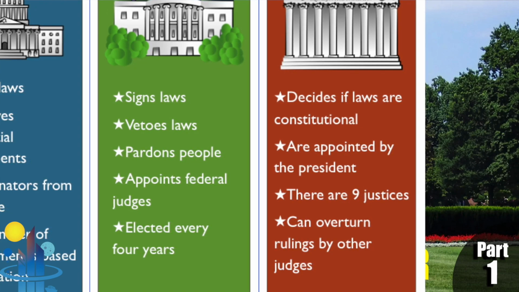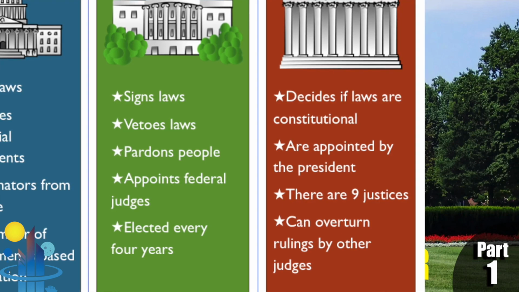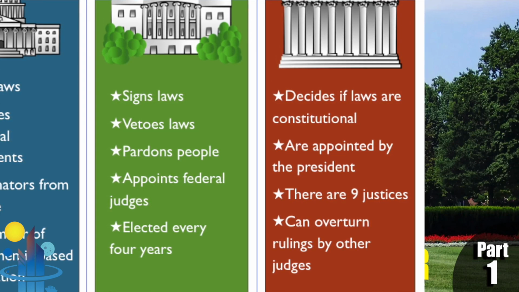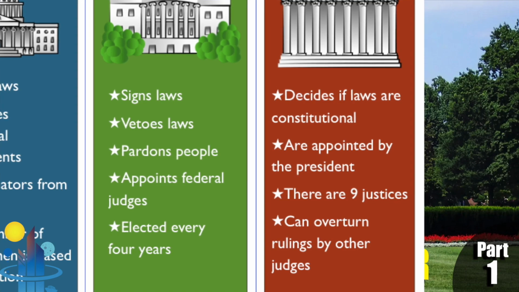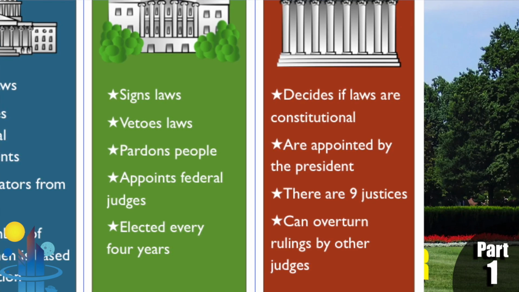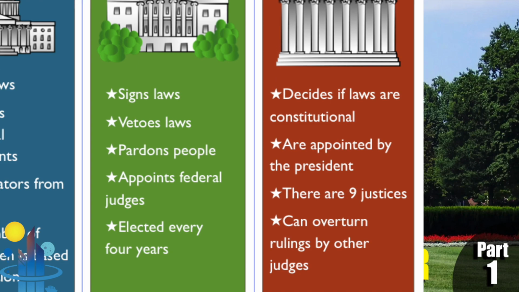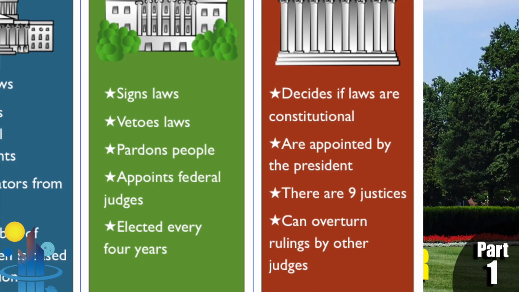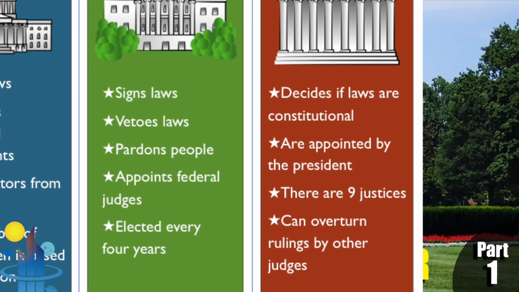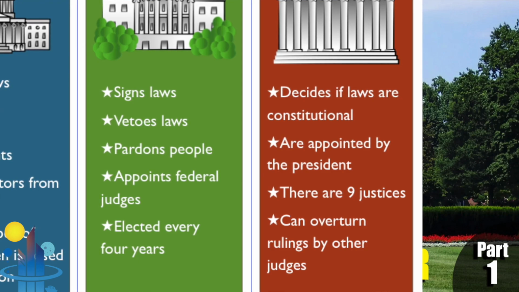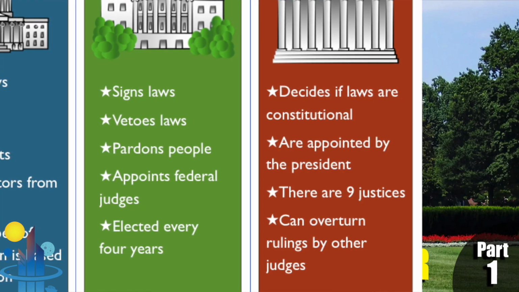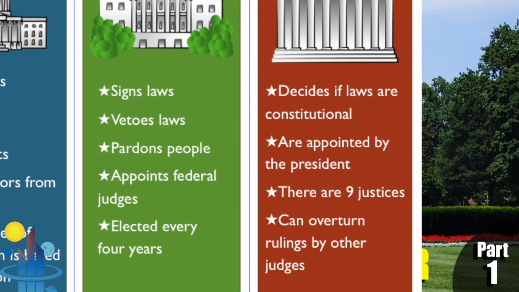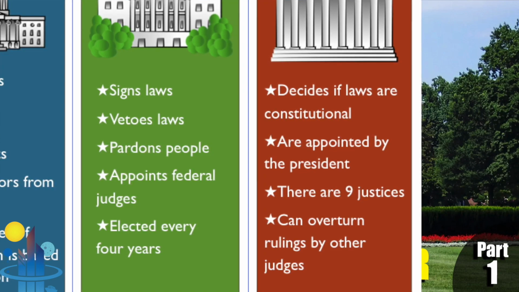Gorsuch. I'm sorry, I didn't pronounce the last names. President Donald Trump nominated him in 2017. Then there's Brett M. K. I'm not even going to pronounce his last name. I can't. He was nominated by President Trump in 2018. Then there's Amy Coney.